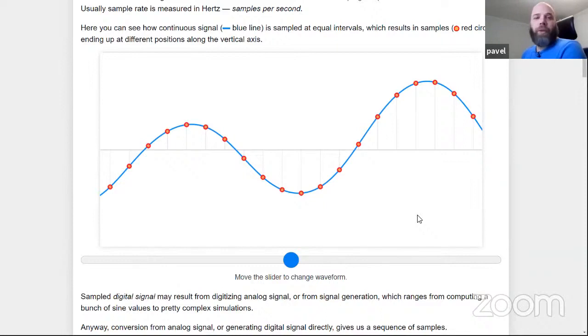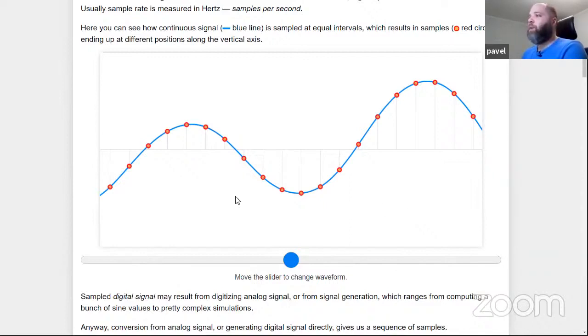When we want to convert an analog continuous signal to a digital signal, we probably want to measure the signal from time to time. And these measurements, or sampling, will give us some values, so-called samples.